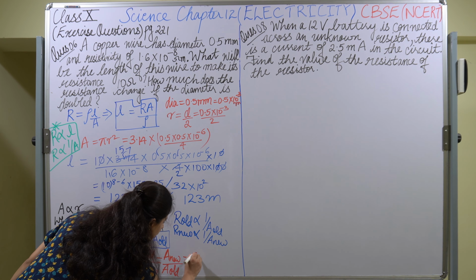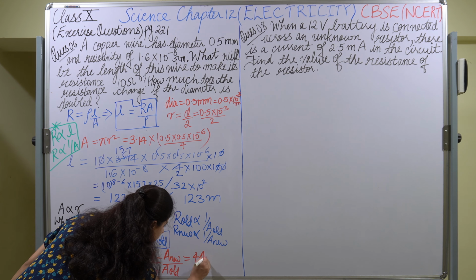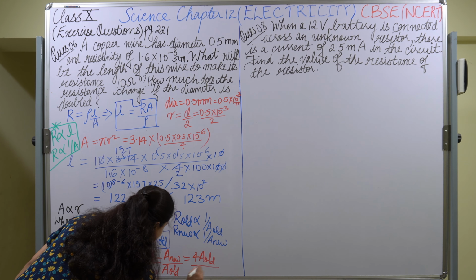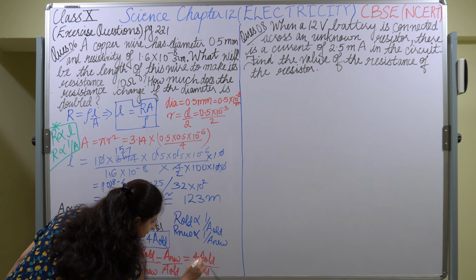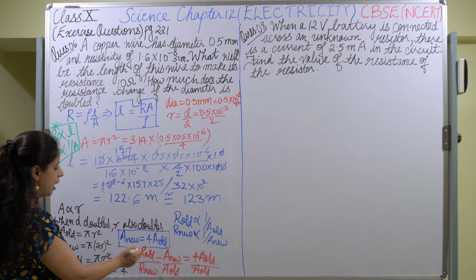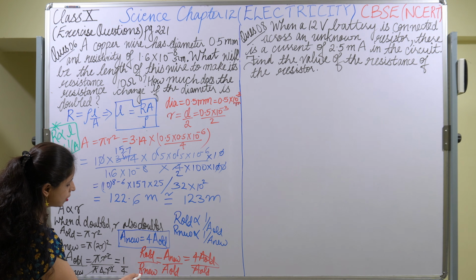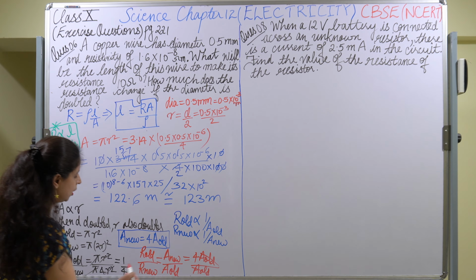So I'll be substituting the value. A old upon A old gets cancelled from here, and I'm left with R old is equal to 4 times R new.